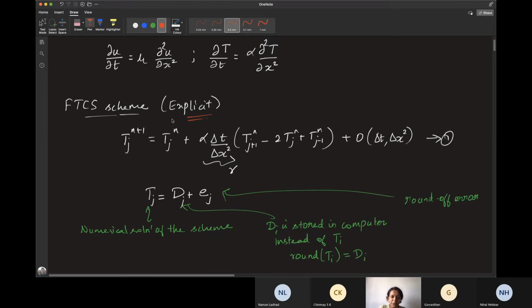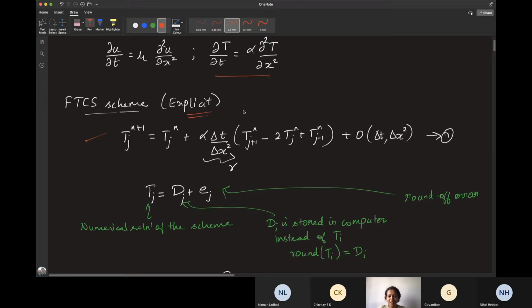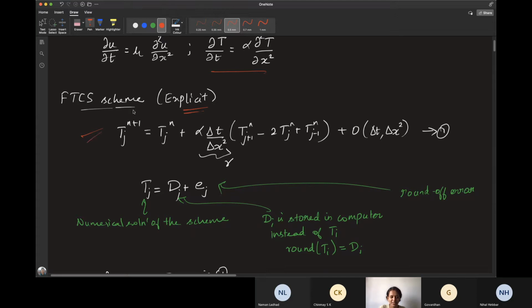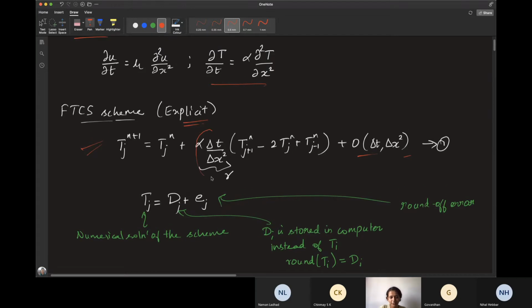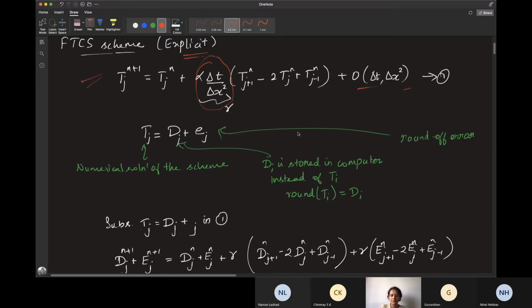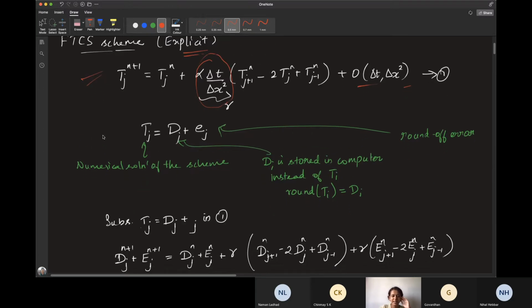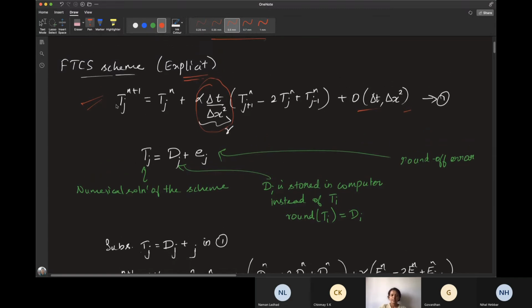I'm doing FTCS for this heat conduction equation, so we get something like this. By now you would know how to get this equation. It's of first order accuracy in time and second order in space. Instead of writing alpha delta t by delta x squared all the time, I'm just writing it as nu. As we saw in a hazy way last time, now we'll go through it completely.